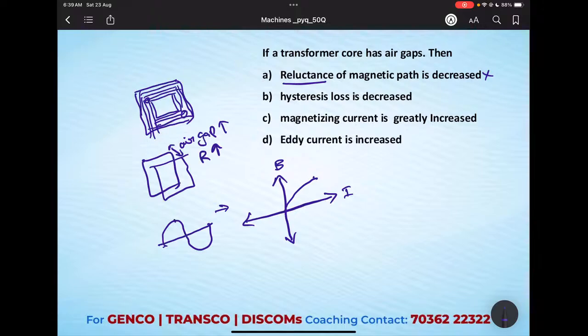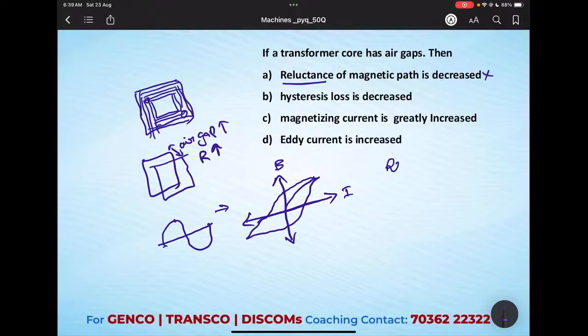After this it is going to reduce. EMF reduced means flux also will reduce, but the reduction path will be like this, and in the next cycle it will come like this. The hysteresis loss is nothing but this: actually it has to follow the same path, but it is following a different path because of two properties.